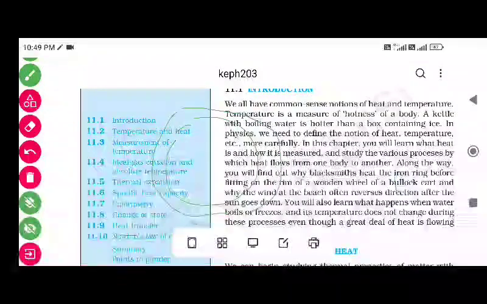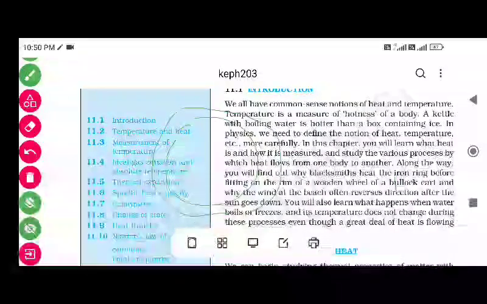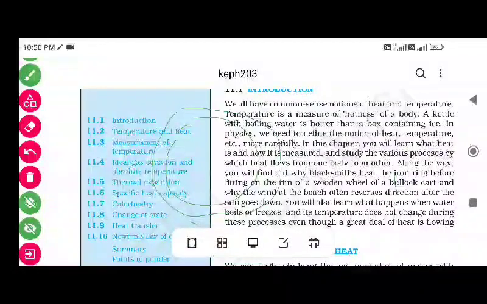Solids have a property that when they are heated, they expand, their volume increases. So now they put the hot iron around this wheel and let it cool down, and when it cools down, it just fits the size of the wheel, and that's how the blacksmith is able to fit that iron part around the wheel.